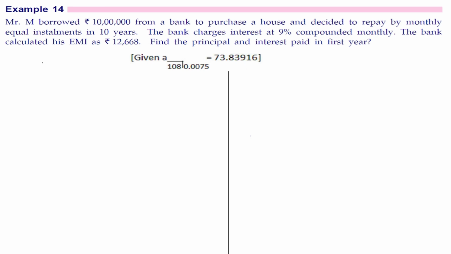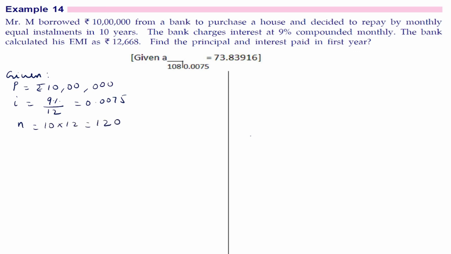So first let us write what is given. Given P is rupees 10 lakh. Then the rate per period I is, it is 9% compounded monthly, so divided by 12, so it is 0.0075, and N is 10 into 12, which is 120.